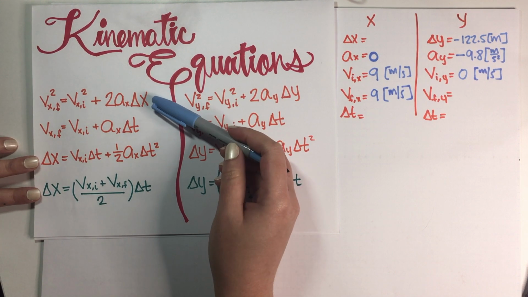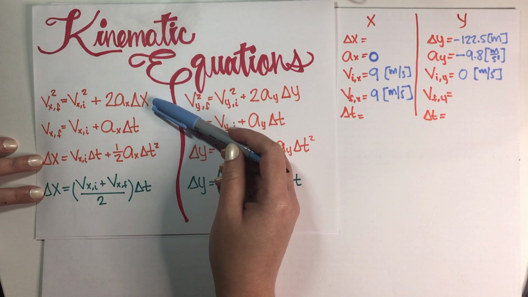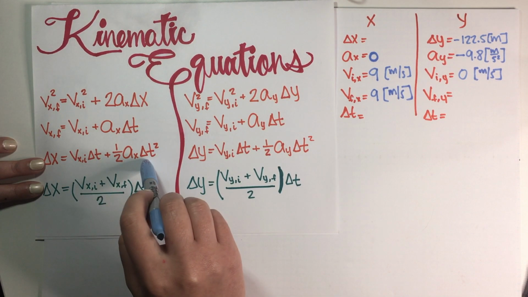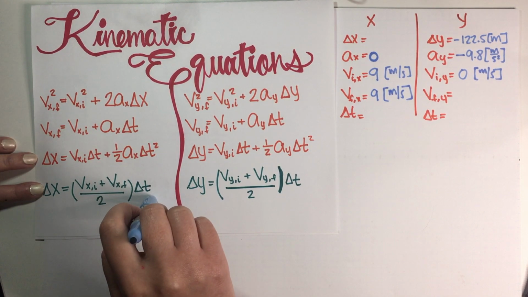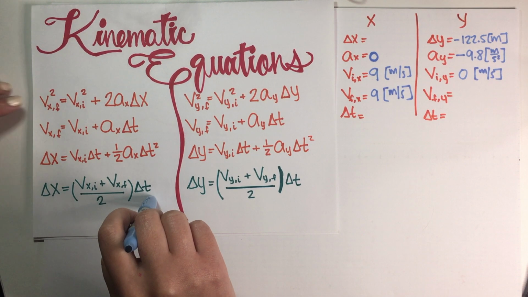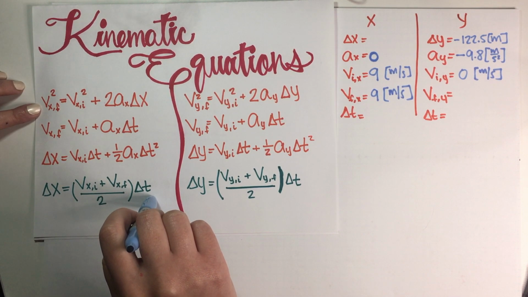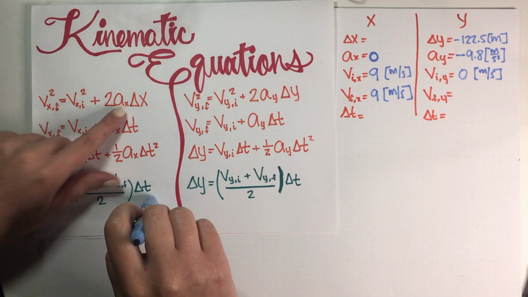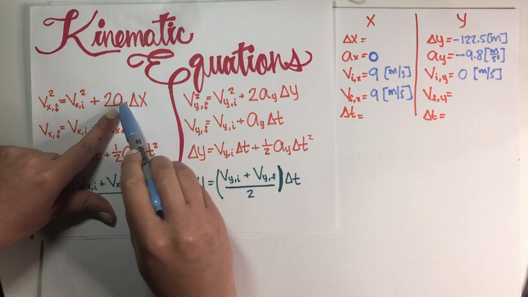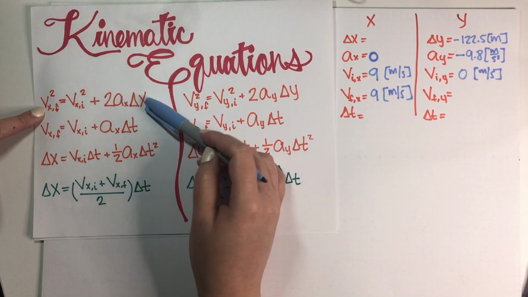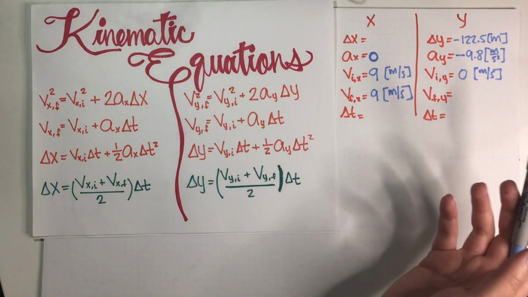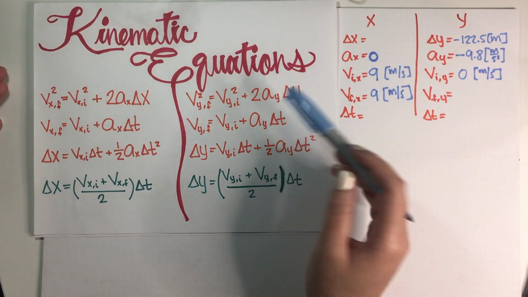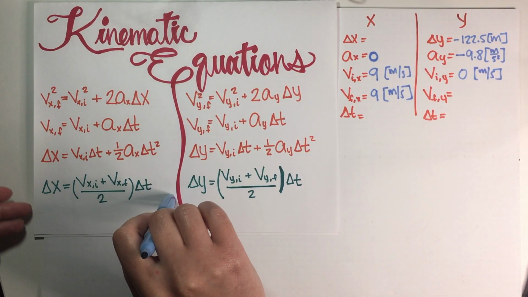However, I would get stuck trying to find delta x because I don't have delta t over here, I don't have delta t over here, and this one is not going to give me delta x because a is equal to 0. If I try using this equation, I have this and this, but this is going to cancel out. So this is just not going to be useful. This is why I would get stuck using these equations.